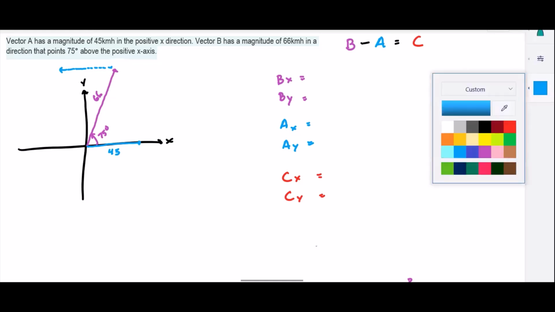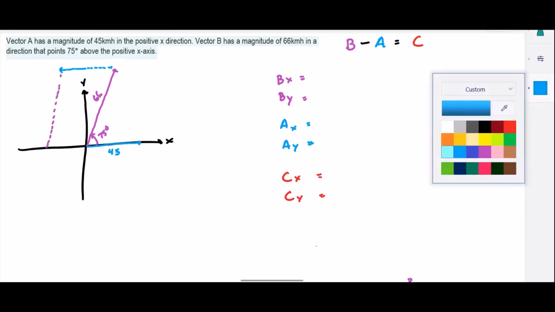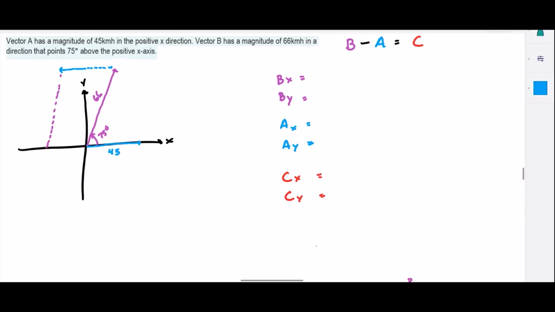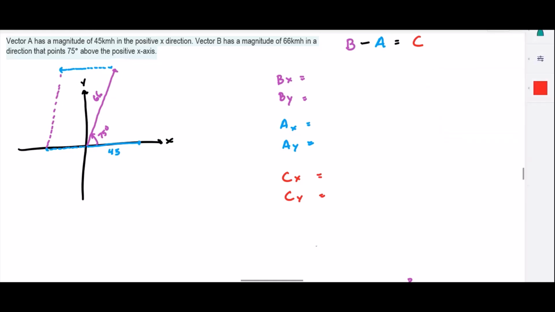I'm going to do the same process I did for the first one. I'm kind of mirroring this. It's just that I'm using a negative or the opposite of the original A. And so C would have to start where they both start at the origin. C would be the diagonal between the two. So C is going to be right up here.